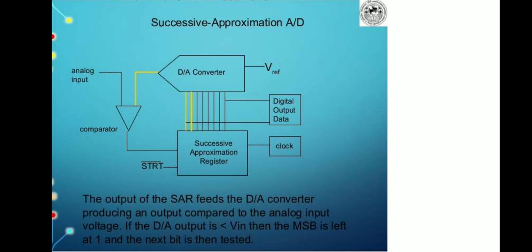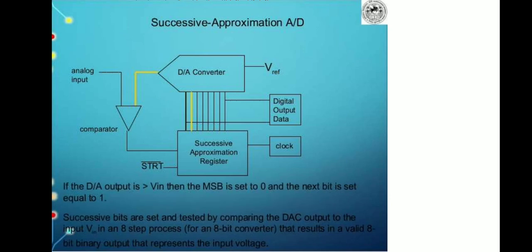As shown in the figure, the output of the SAR feeds the digital to analog converter, producing an output that is compared to the analog input voltage. If the digital to analog output is less than Vin, then the MSB is left at 1 and the next bit is then tested. In such a way, the successive approximation type ADC works.